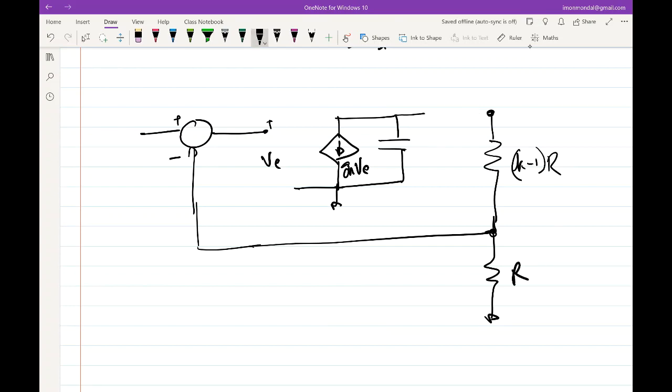And we had a VCVS also of factor alpha. So this is V1.